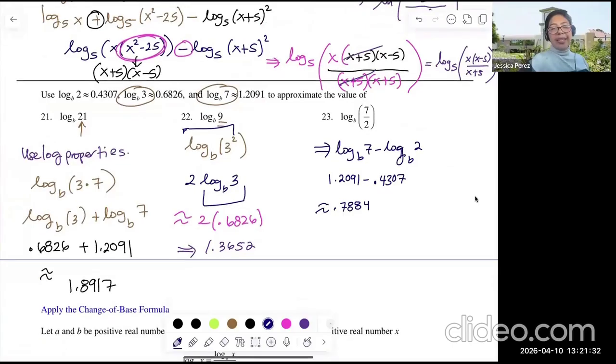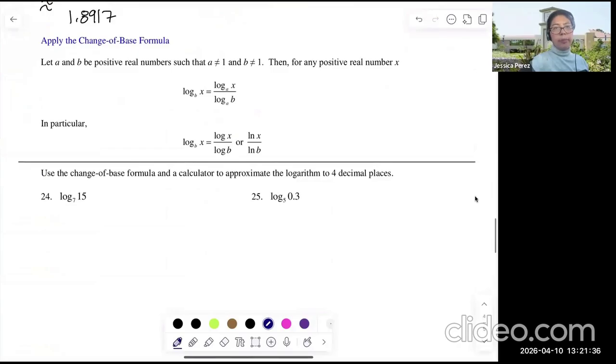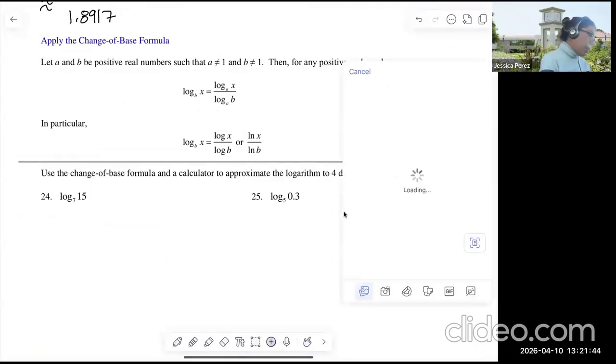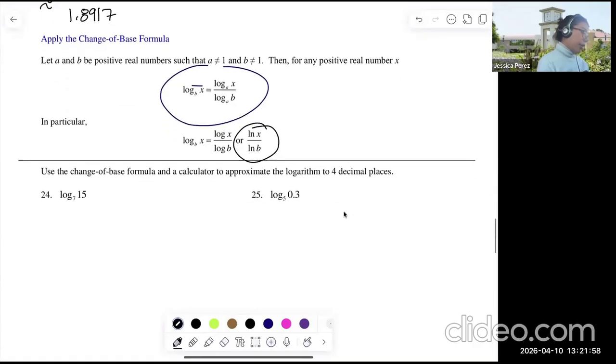Alrighty. Then let's go into the last two questions, which are about applying the change of base formula. Let A and B be positive real numbers such that A is not equal to 1 and B is not equal to 1. So how do we use the change of base? Normally it's log of x divided by log of b, or ln of x over ln of b.